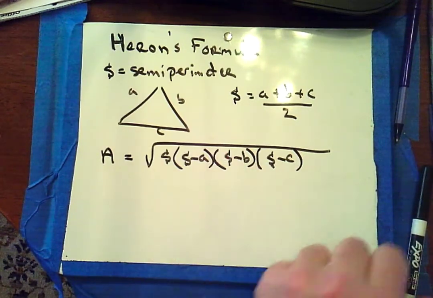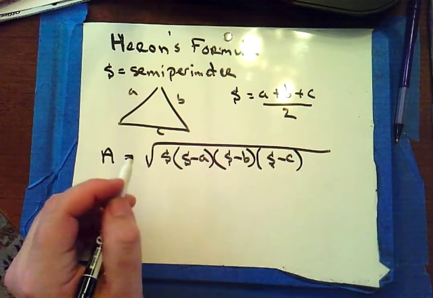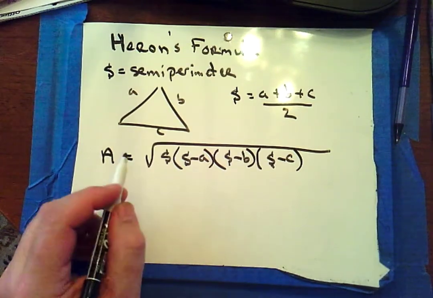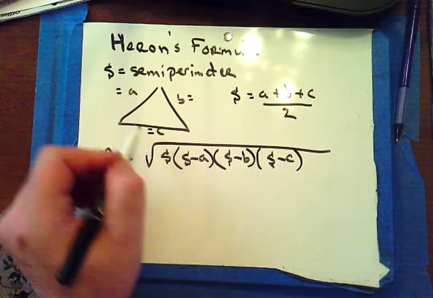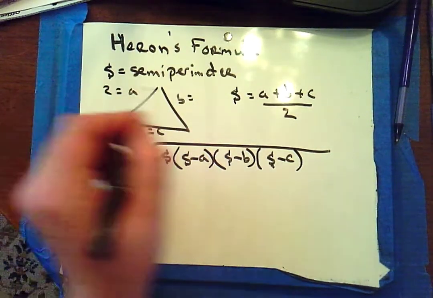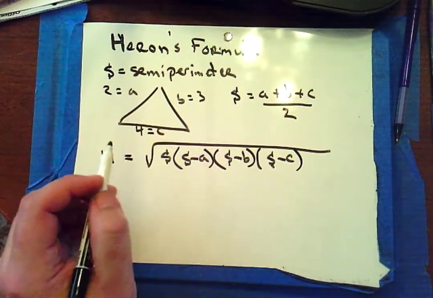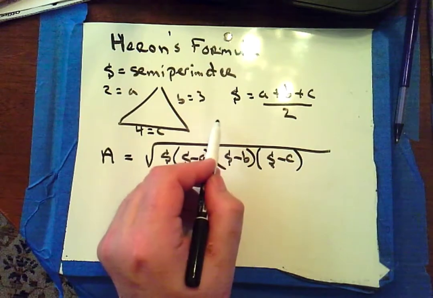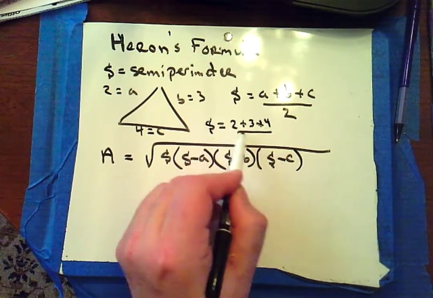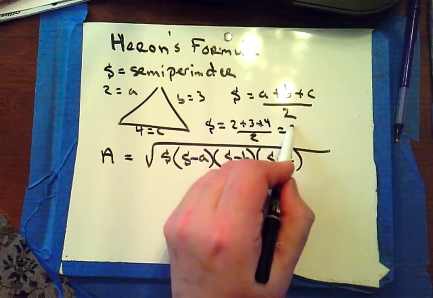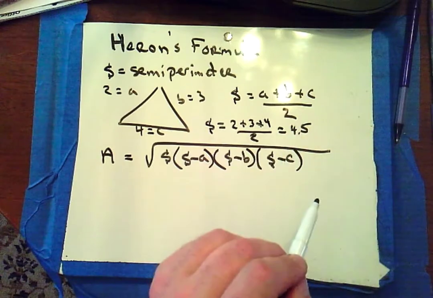What I'd like to do is run through an example or two using Heron's formula with you. So let's take the side lengths of the problem we did earlier, where A was 2, B was 3, and C was 4. So what would our semi-perimeter be? Our semi-perimeter would be 2 plus 3 plus 4 divided by 2, and that's 4.5, because 5 plus 4 is 9 divided by 2.